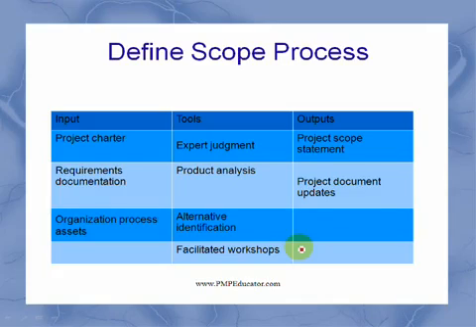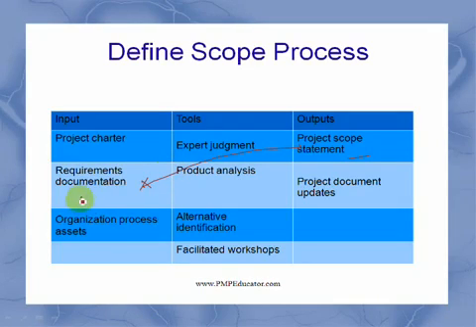The important thing for this process is we convert basically the requirements document to a better detailed document, which is the project scope statement. So keep in mind that you have different inputs, but the main input for this process is the requirements documentation.